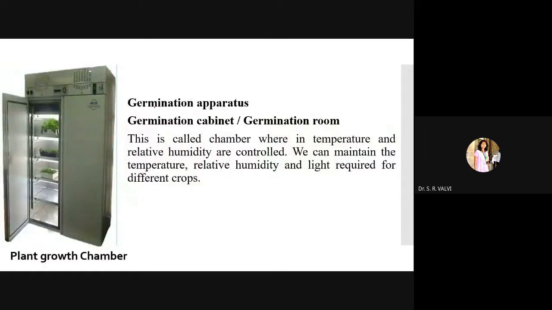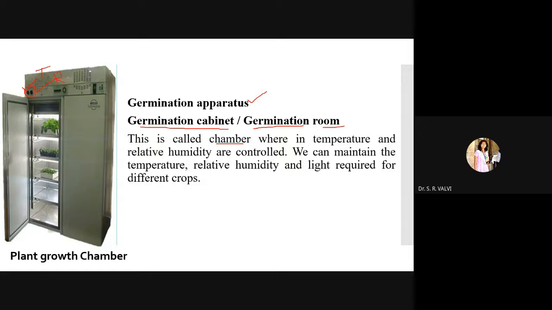Now, the next is germination apparatus. The first one is the germination cabinet or germination room. It is called a chamber; I have mentioned here plant growth chamber, where temperature and relative humidity are controlled. Here is the knob where you control your temperature and humidity: one knob for temperature, another for relative humidity.